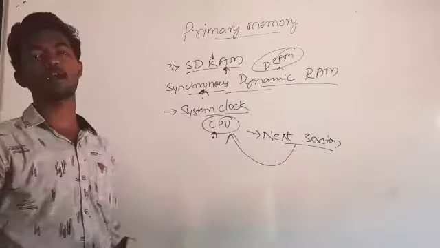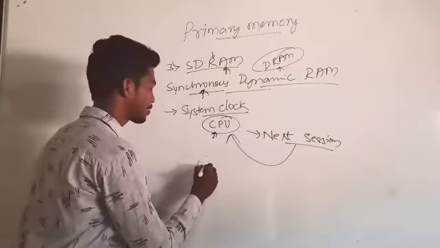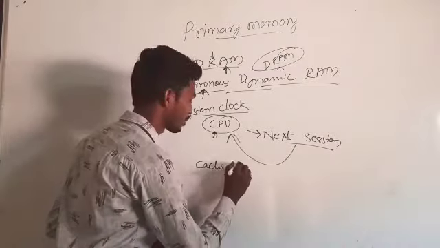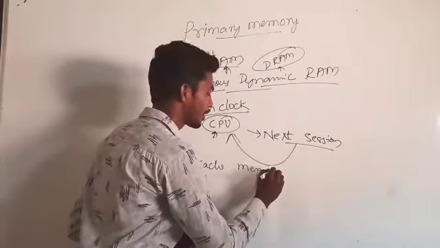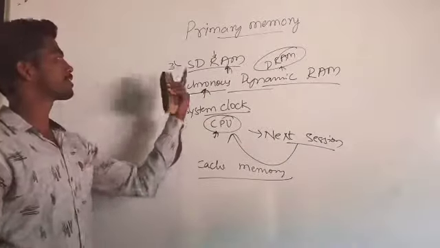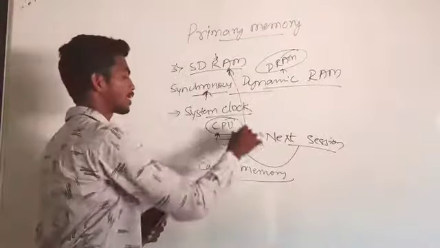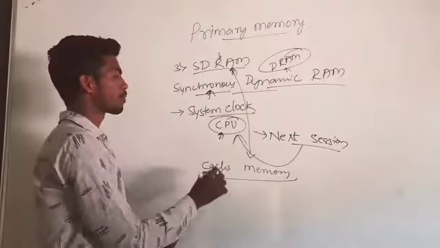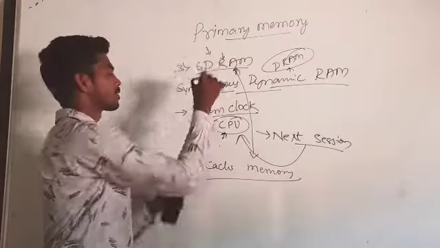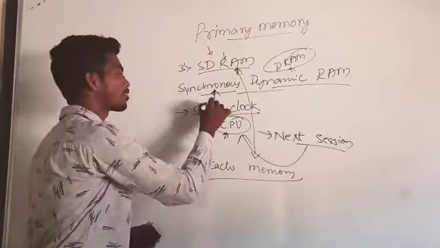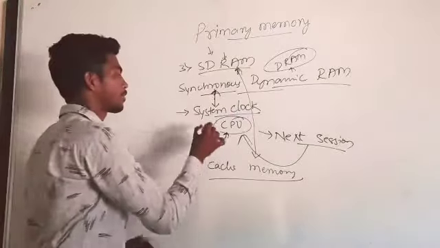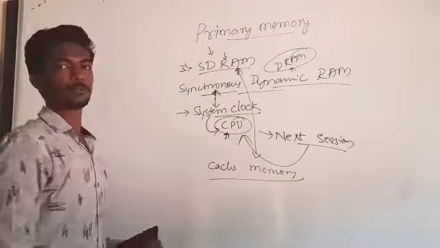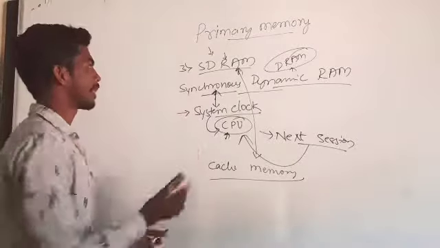This type of RAM is used in cache memory, which is a very high speed memory. This SDRAM type is used in cache memory, with very fast access, and it is synchronizing with the system clock, which indirectly means it is synchronized with the CPU. And this is about SDRAM.